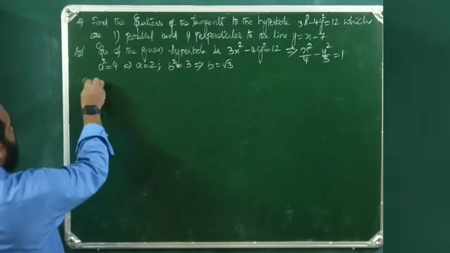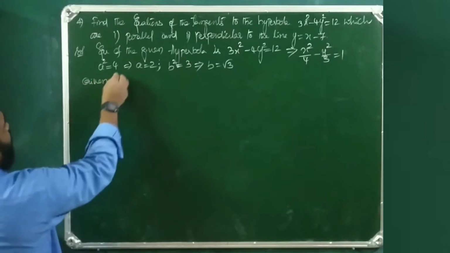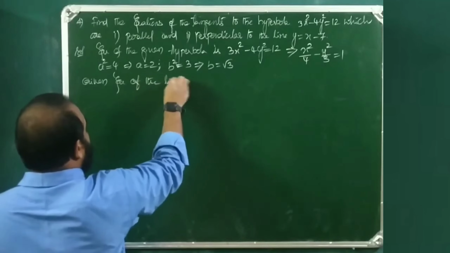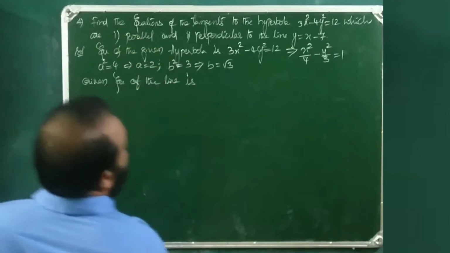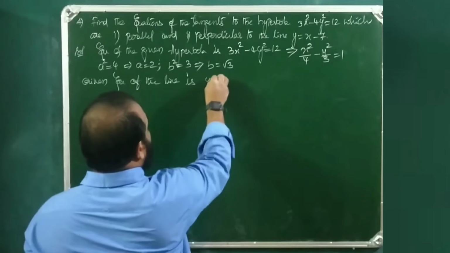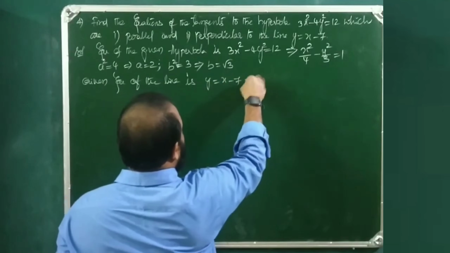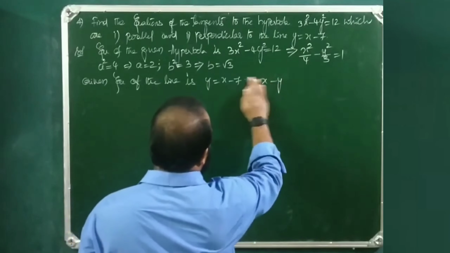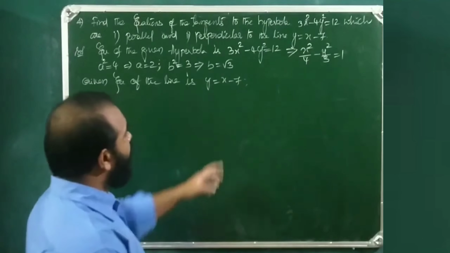So the given equation of the line is y is equal to x minus 7. So this is x minus y minus 7 equals 0.